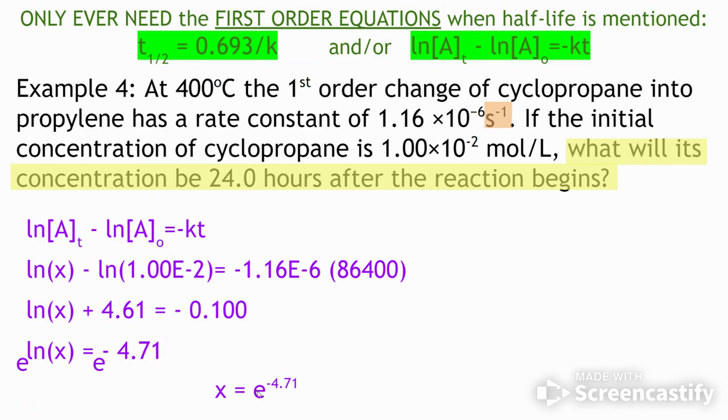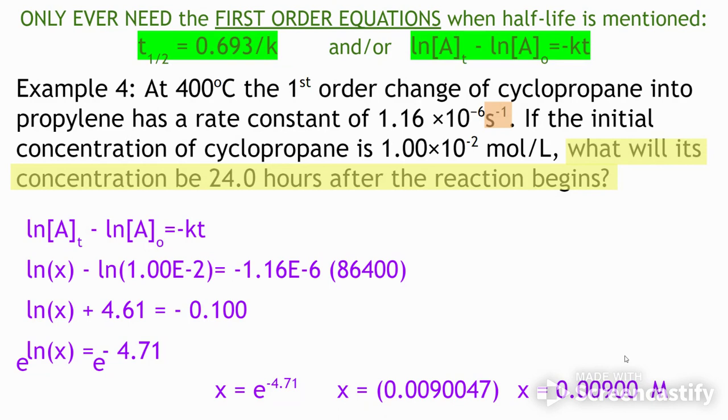When I plug that into my calculator, x is equal to 0.0900407, which rounded to 3 sig figs is 0.0900. If you feel like putting that in scientific notation, I completely understand, but it's the same value either way. And then, of course, we're looking for concentration here, which means our units are going to be molarity.